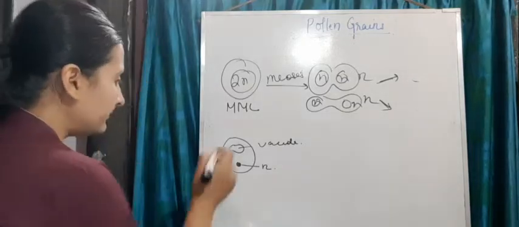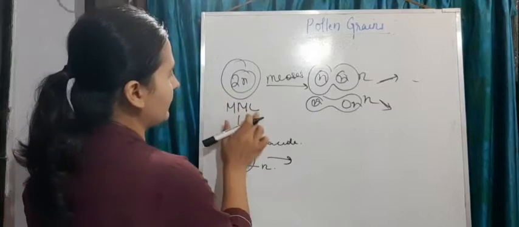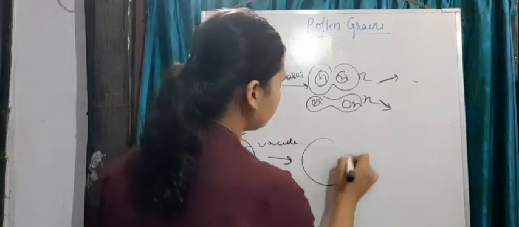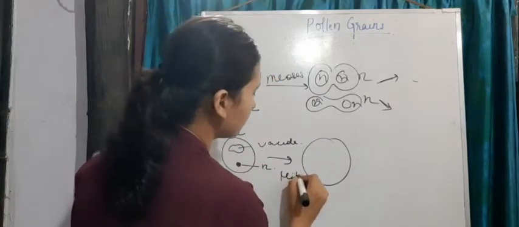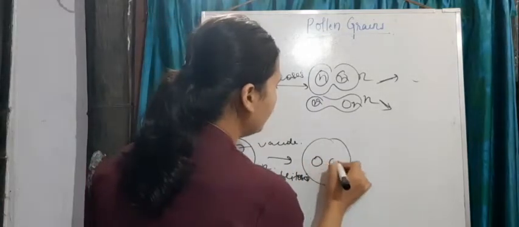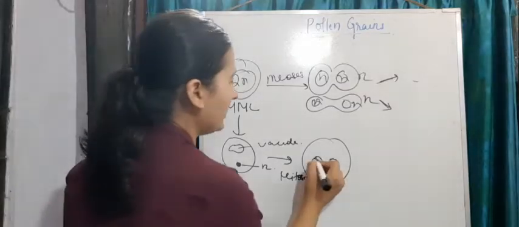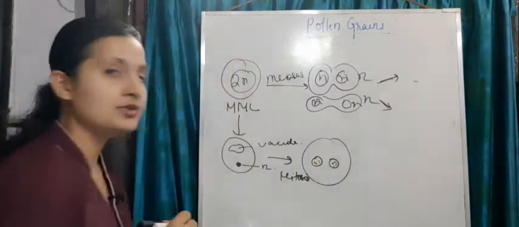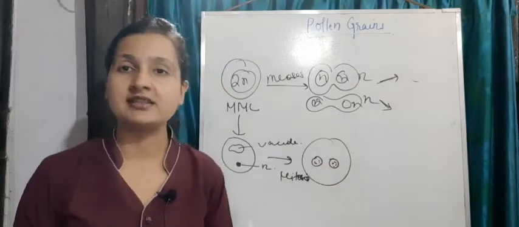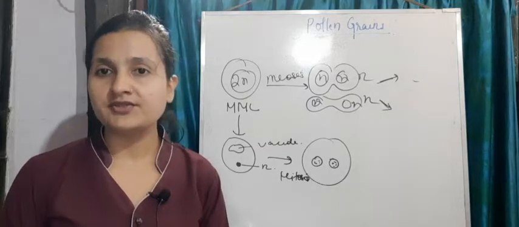This comes from the microspore mother cell by meiosis. Now this nucleus will divide by mitosis, cell division, and it will become 2 nuclei. These 2 nuclei will not get separated into separate individuals as we usually see.